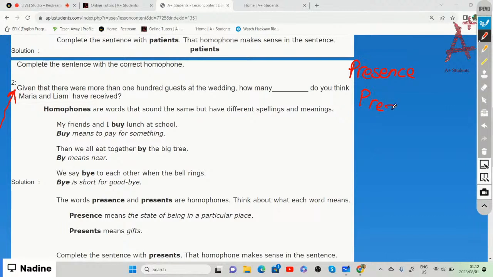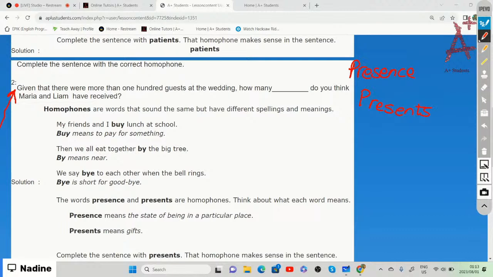So these are the two words. One of these words matches the sentence. Given that there were more than 100 guests at the wedding, how many presents do you think Maria and Liam have received? The first word, presence, means the state of being in a particular place.